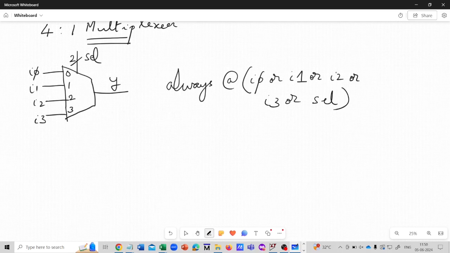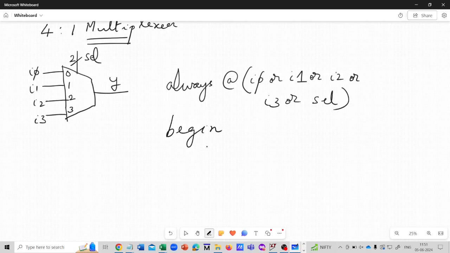Okay, now coming to the description of the behavior, we all know that it's an if then else template, but for this circuit we will try to model it slightly differently, because this 4 to 1 mux is a good candidate for the case statement.